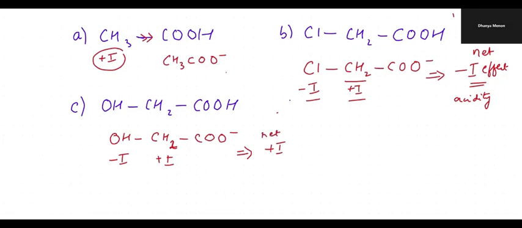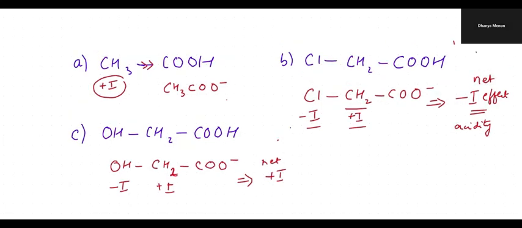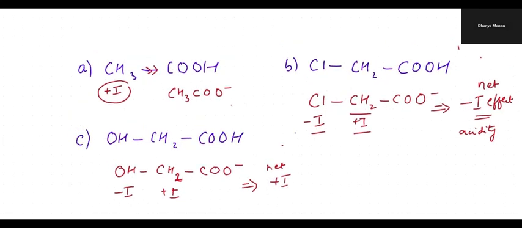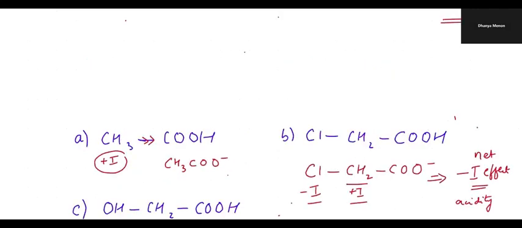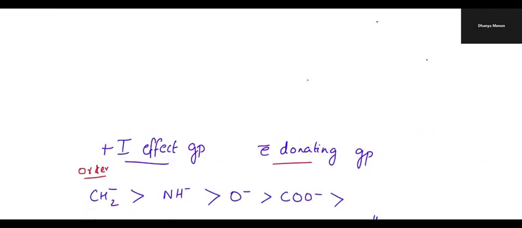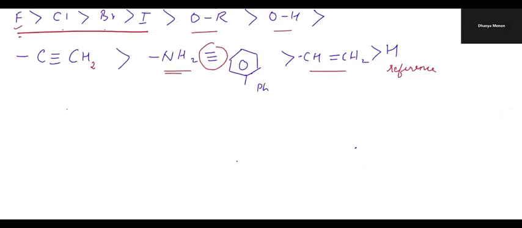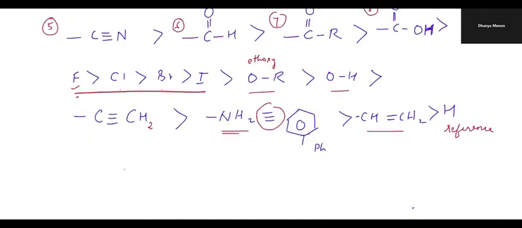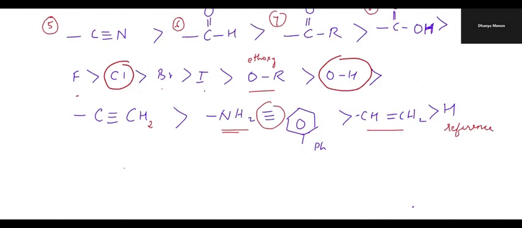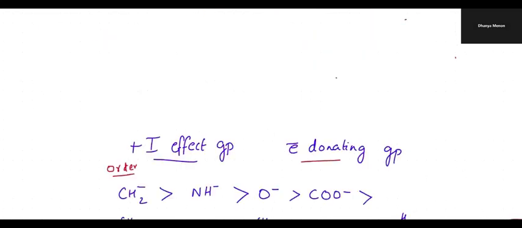Now, if we see the minus I effect chart, which I had written before, chlorine dominates over OH, right? So if chlorine dominates over OH, that means who will be more acidic?